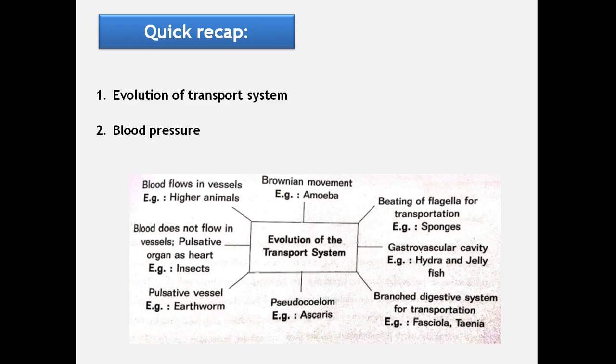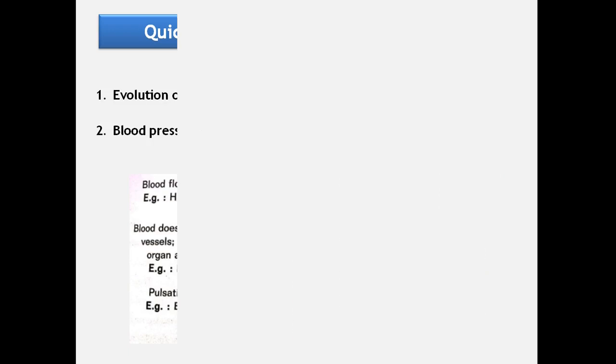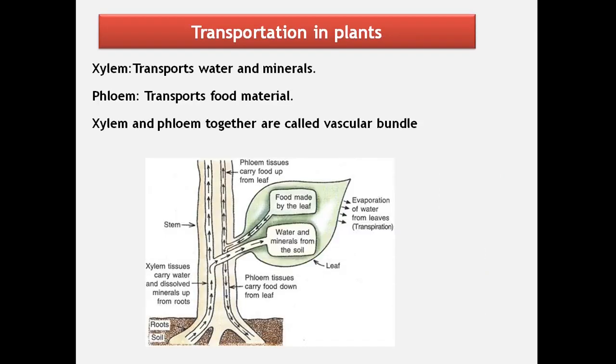We have also seen the gradual development of heart, like 2-chambered, 3-chambered and 4-chambered heart, etc. And in this session we are going to learn about transportation in plants.